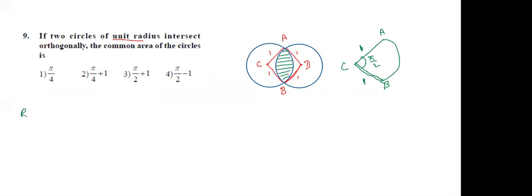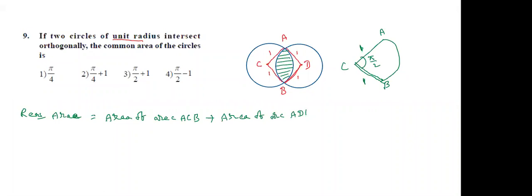So here we can write the required area as equal to the area of arc ACB, or anyone you can write, plus the area of arc ADB.